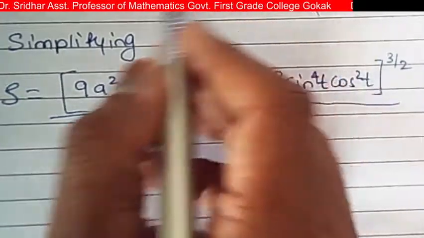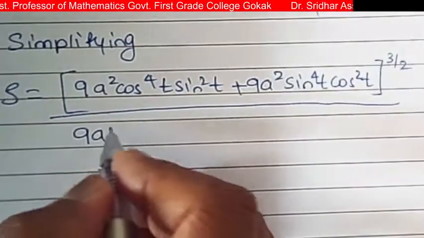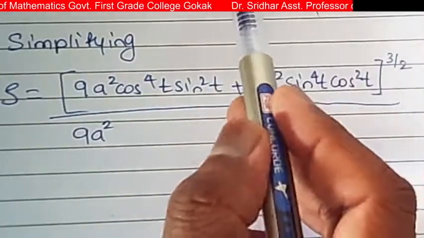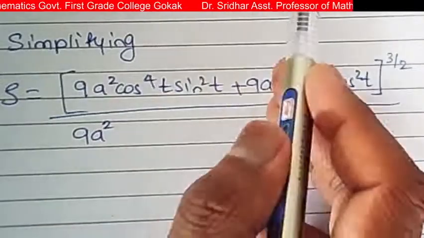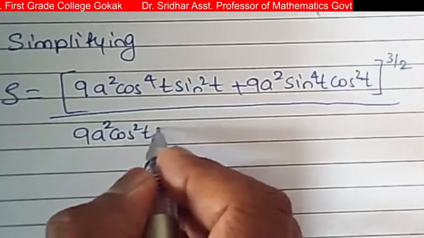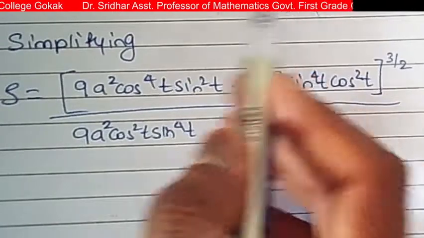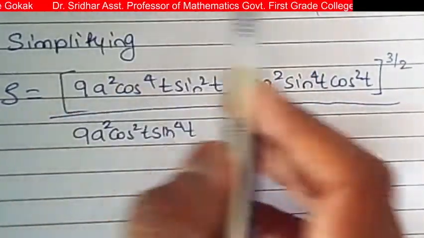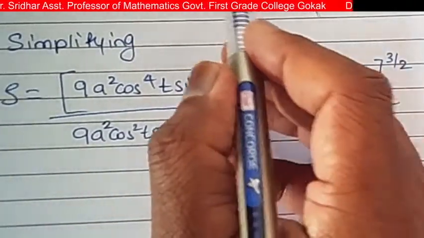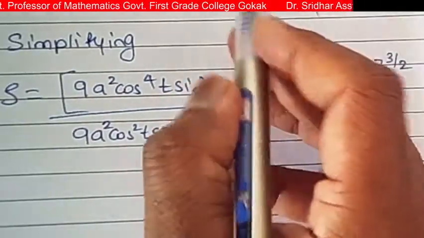now we simplify this denominator term. Now minus 3a into minus 3a plus 9a whole square. I take here 3a, and also here this 3a becomes 9a square, and I multiply this here, 9a square into cos square t into sin raised to 4t. Then minus becomes plus, then minus into here, this is plus, again minus 9a square, minus 3a, I multiply this minus 3a with this sign, again it gives plus 3a.